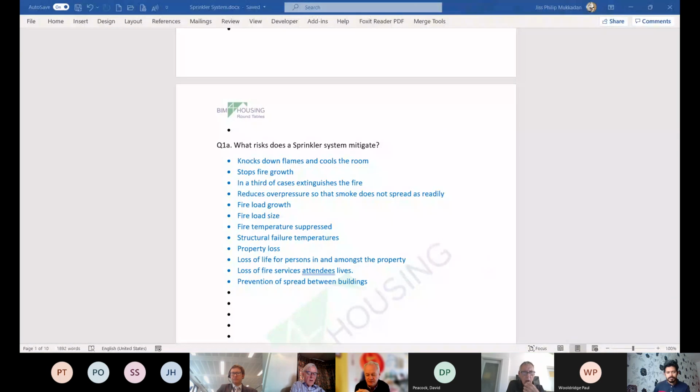And so, yes, the interaction of AOVs, alarms, sprinklers, fire doors and so on, passive fire protection, is all considered. I think it was first published in 2011, and it's out for DPC at the moment for the next edition. Okay. Is there anybody else on this meeting familiar with that?